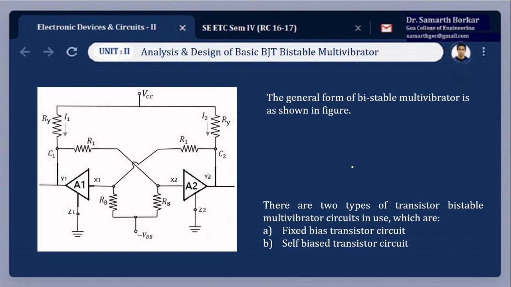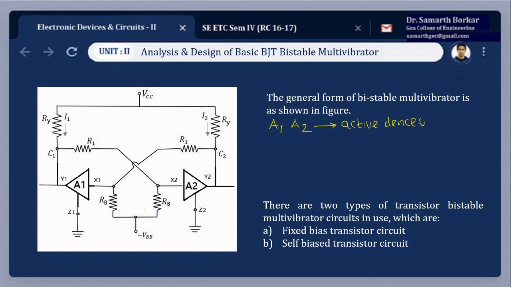Here, refer to the circuit diagram which is drawn. A1 and A2 are the active devices, and in this circuit we are going to use transistors as the active device. As you know, the transistor has three terminals: collector, base and emitter.